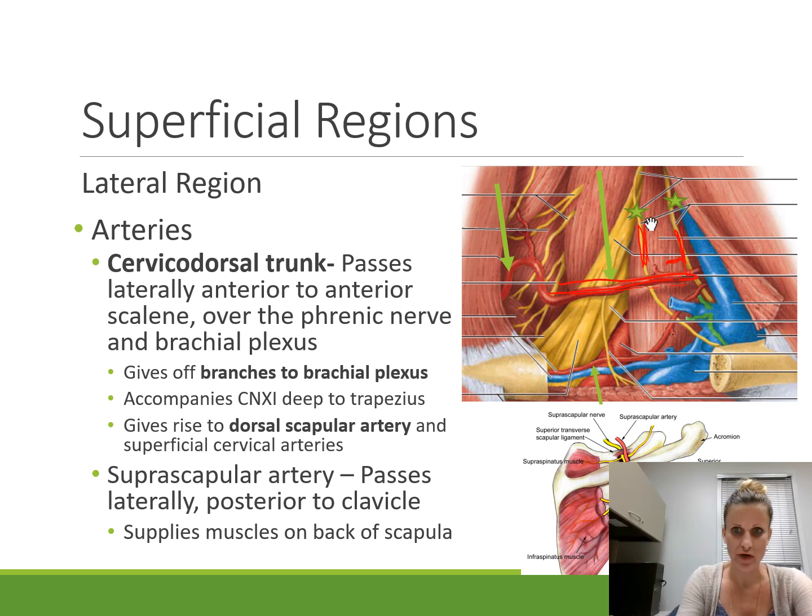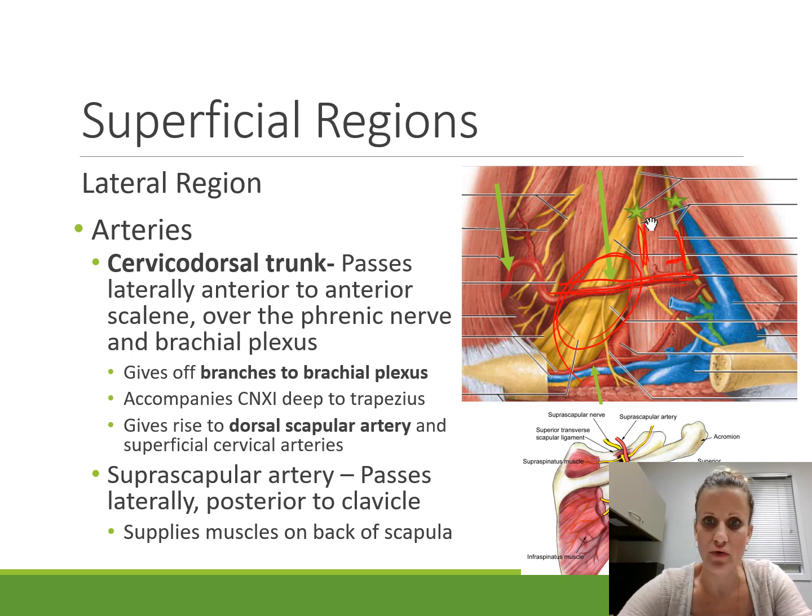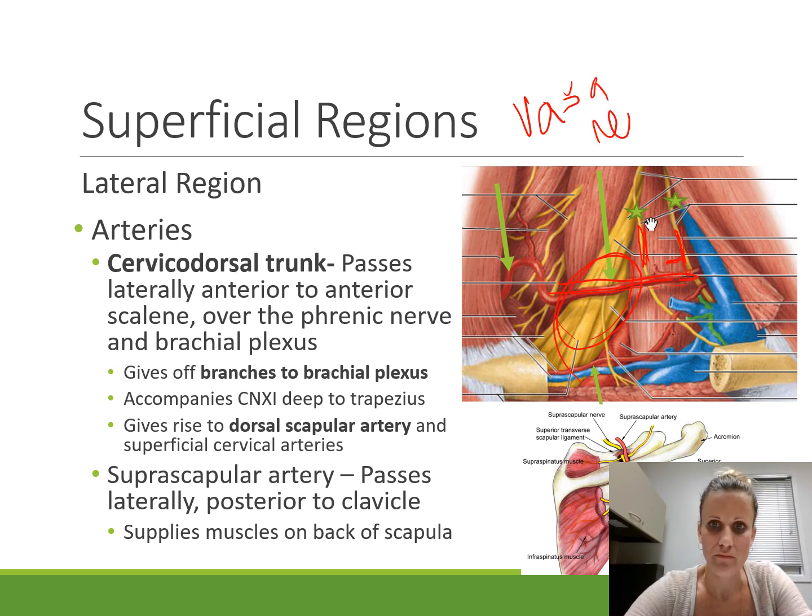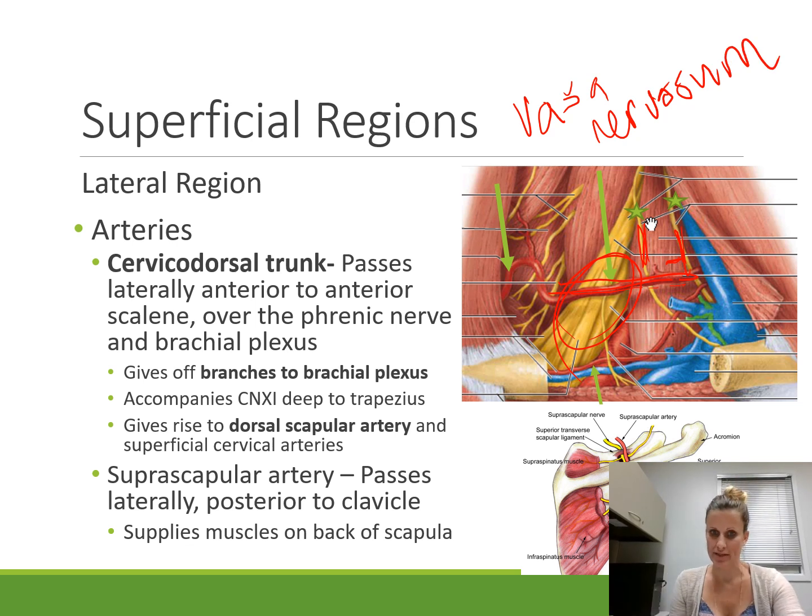Here you see that it's passing over the brachial plexus. And this is important because it gives off branches that go to the vasa nervosum of the brachial plexus.